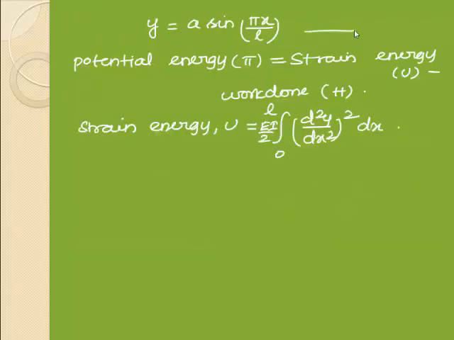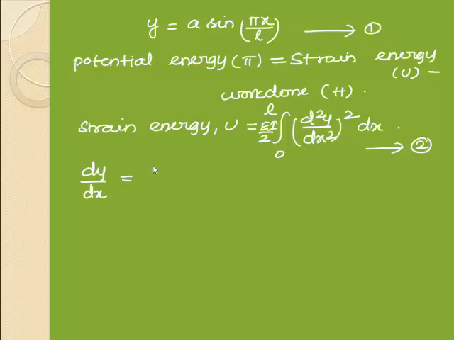So we have the trial function here. To substitute in this formula to calculate the strain energy, we have to differentiate the trial function y twice with respect to x. So dy by dx, by differentiating equation 1 with respect to x.